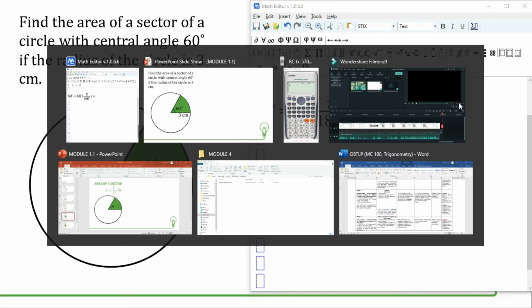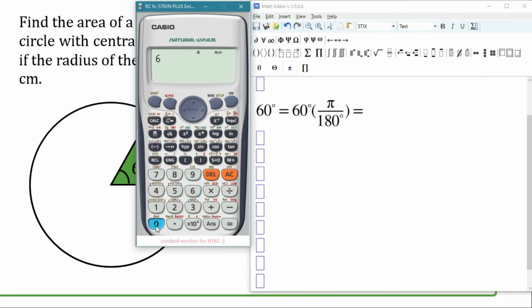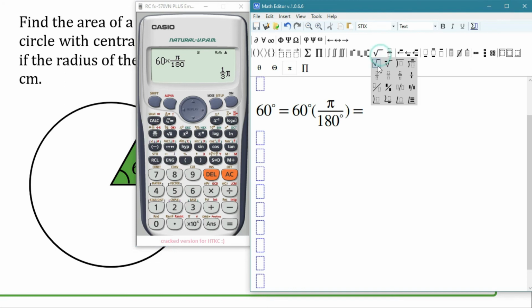Using our calculator, that is 60 multiplied by pi over 180, which is 1/3 pi, or pi over 3. Again, just like what I said a while ago, we can express radian measures either in exact value or in terms of pi. So in terms of pi, we have pi over 3.